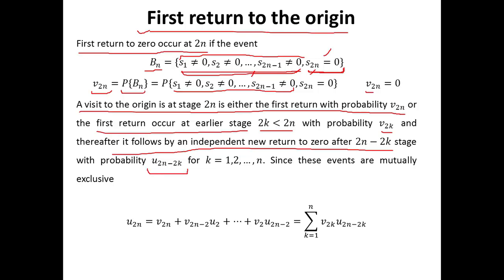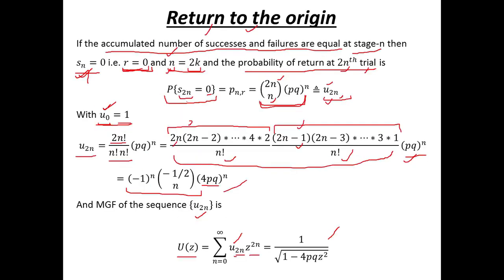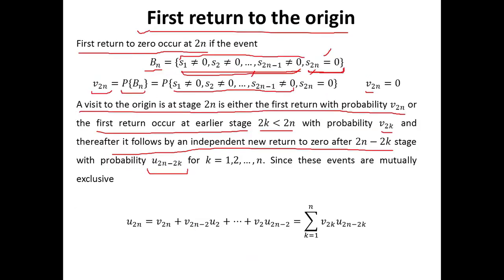Maybe here it is a little bit confusing, but u2n gives you the information of the probability that the particle is at 0 after 2nth trial, while v2n gives you the probability that the particle is at the origin after 2nth trial, but for the first time.